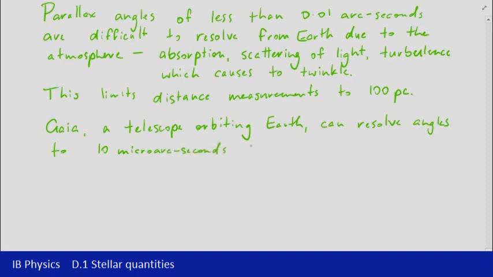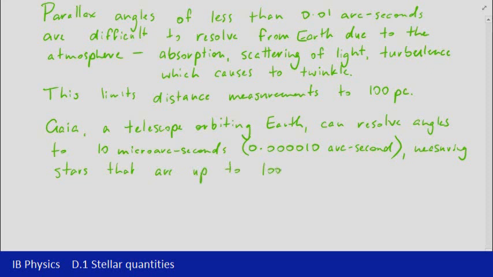So to put that into context, that's 0.000010 arc seconds. So very, very small angles, and that means that it can measure stars that are a fair bit further away, being up to 100,000 parsecs away.